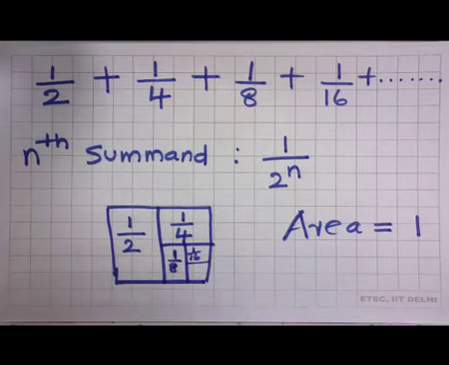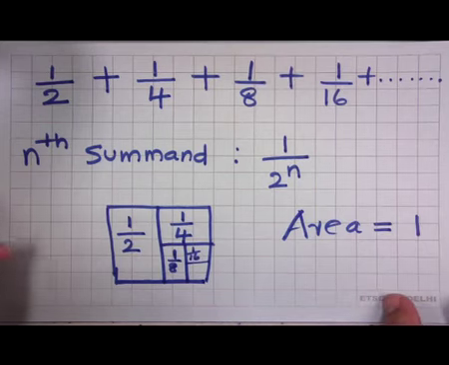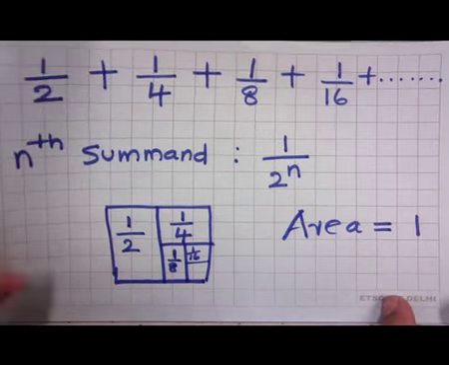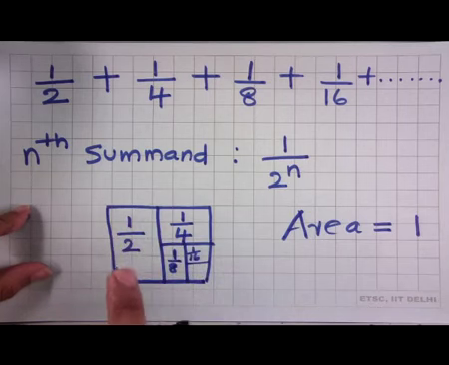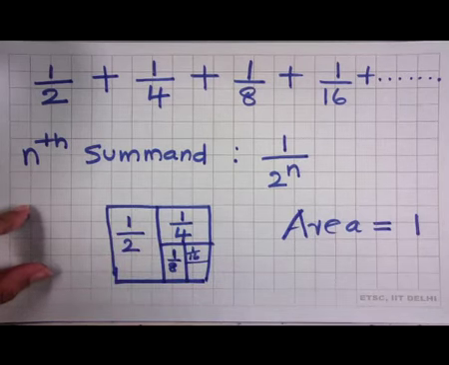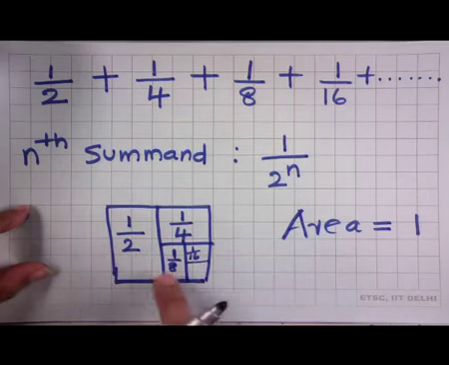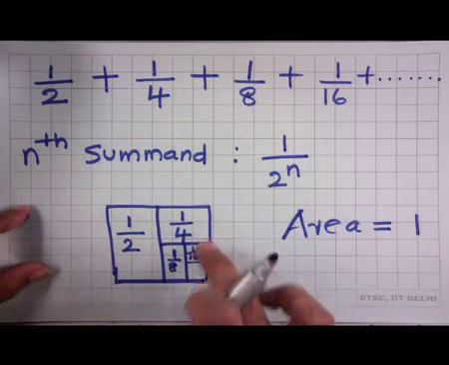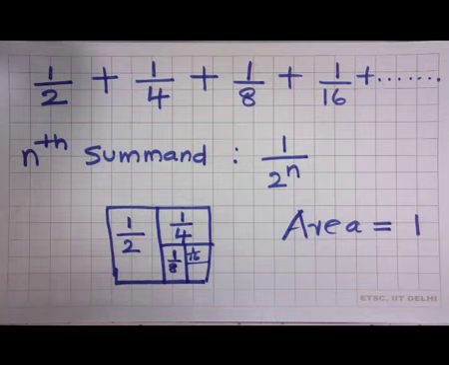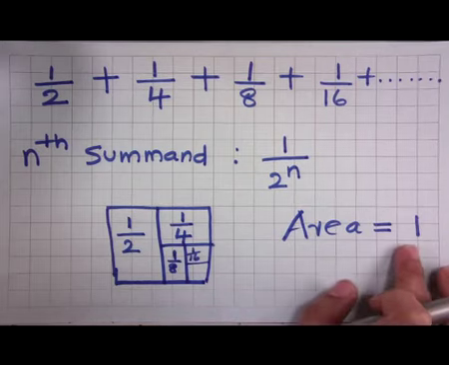Thus, geometrically, we can observe that the sum of the areas, namely 1 by 2 plus 1 by 4 plus 1 by 8 plus 1 by 16 plus etc., amounts to the total area of unit square we started with, namely 1.